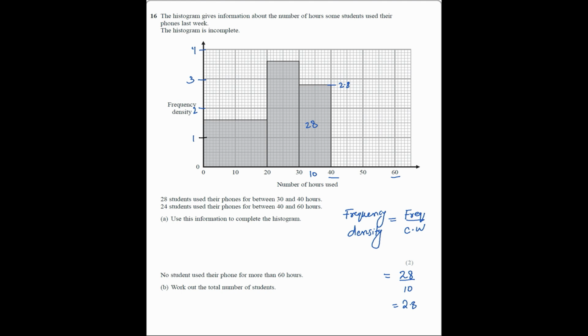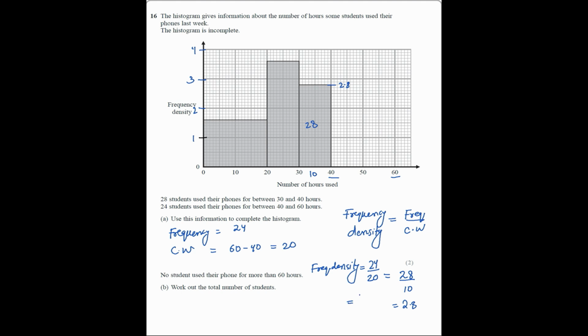So to make this bar, frequency equals 24, class width equals 60 minus 40 equals 20, and then the frequency density is going to be 24 divided by 20.